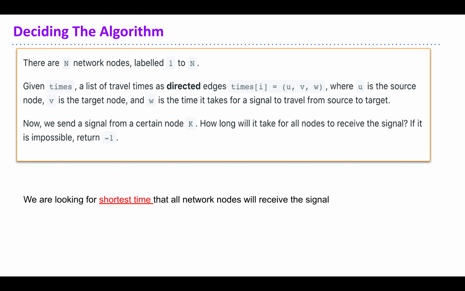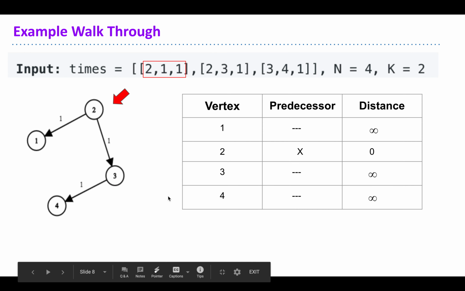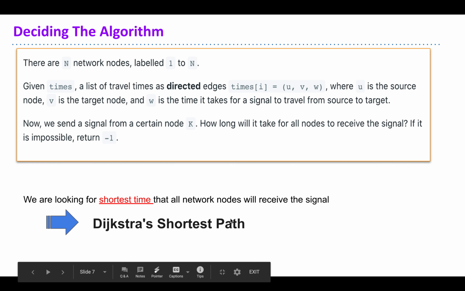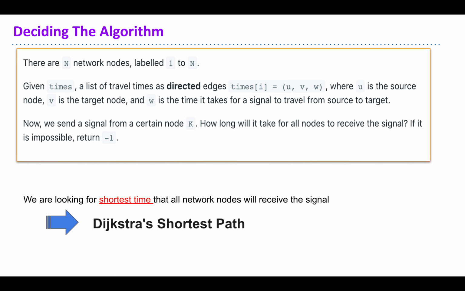So we want to look for shortest time. It sounds like Dijkstra's shortest path. Even though we talk about path, the weight in this case could be time, as an alternative to the example that we have seen in class before.